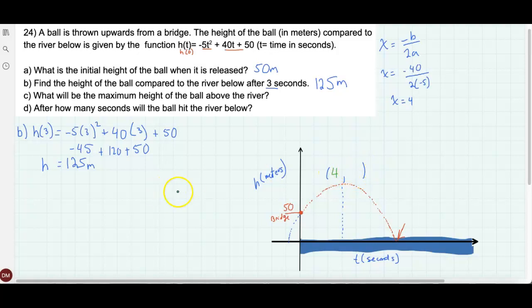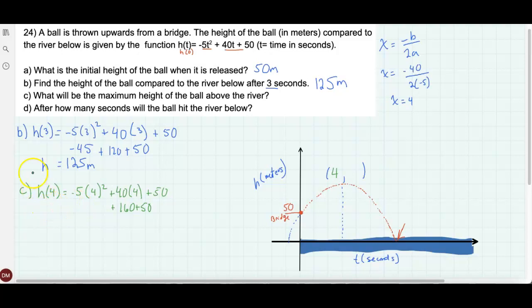What we want to find is the height here. So 4 seconds, so let's look at C here. h of 4 will give us our maximum height. And I don't think it's going to go a lot higher because it starts to slow down and slow down. Eventually it stops and then it's going to come back down, right? So it equals -5 times 4 squared plus 40 times 4 plus 50. So that's 16 times 5, which is 80, negative 80. Then 160 plus 50 is 210.